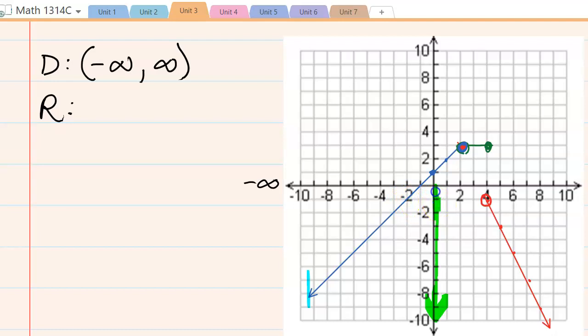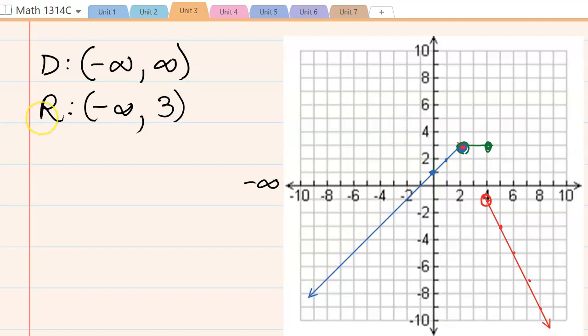So it's included. That's included. All of these are included. And we kind of stop right here. Notice there's no y values up here to be squished up to here. So that's going to be our range. We're going to see that it's going to go from negative infinity until we get to +3. So there's our domain and range.